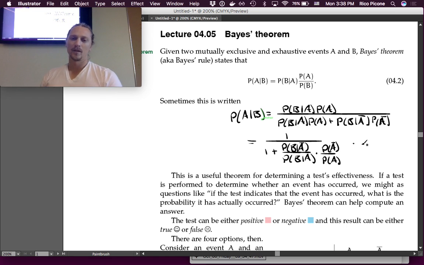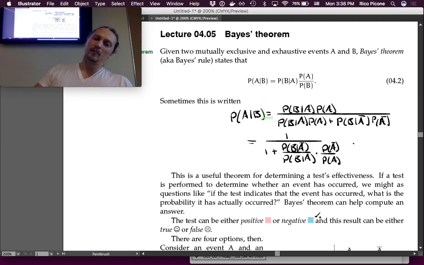So the test can either be positive or negative, and this result can be either true or false. Pink is positive, blue is negative. I'm trying to help us with the color scheme here. And then true is smiley face and false is sad face, because we don't really care if it's positive or negative.